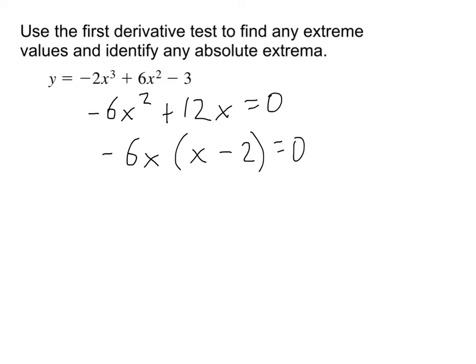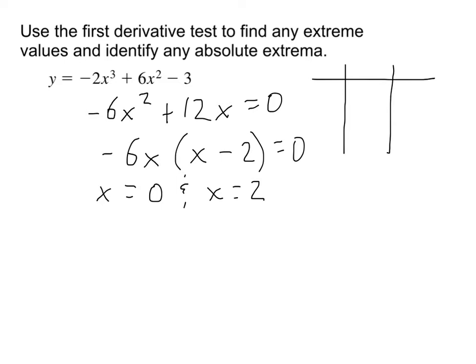So we know that at x equals 0 and x equals 2, we would get 0 there. Those are our 2 points we're going to test. We need to test a little to the right and a little to the left. So let's just make a table and test out our values here.